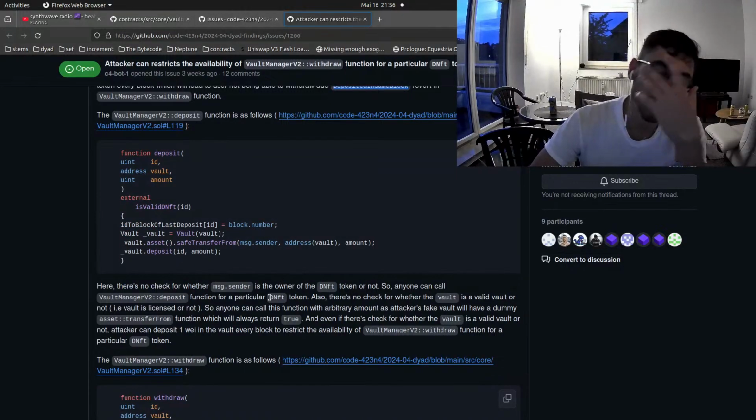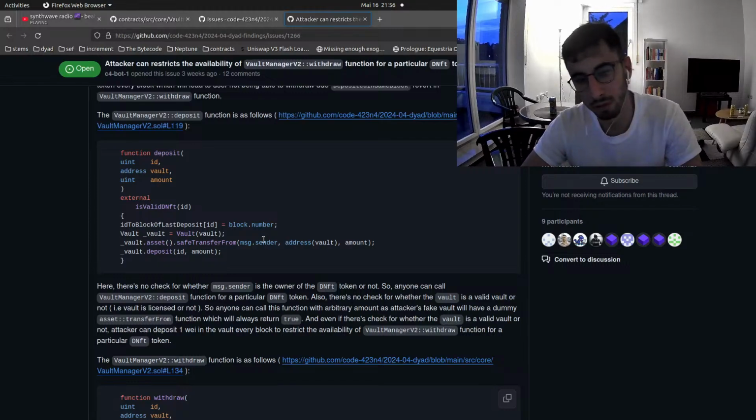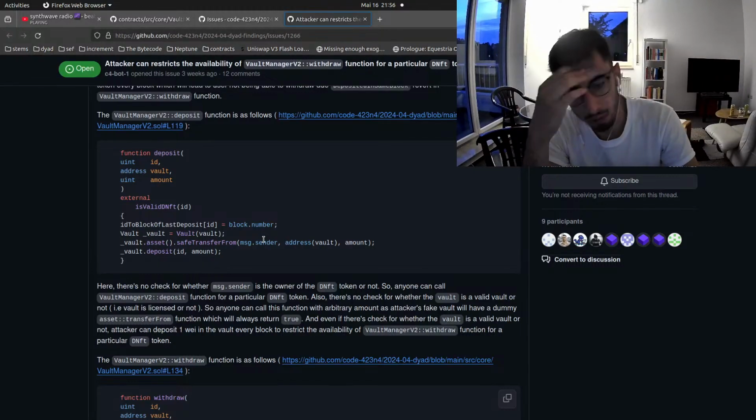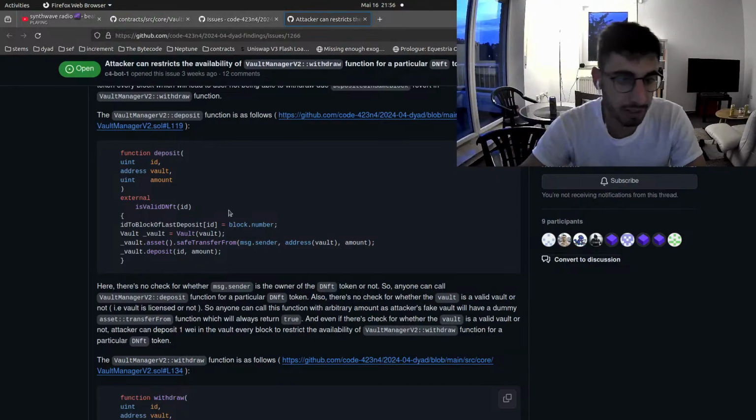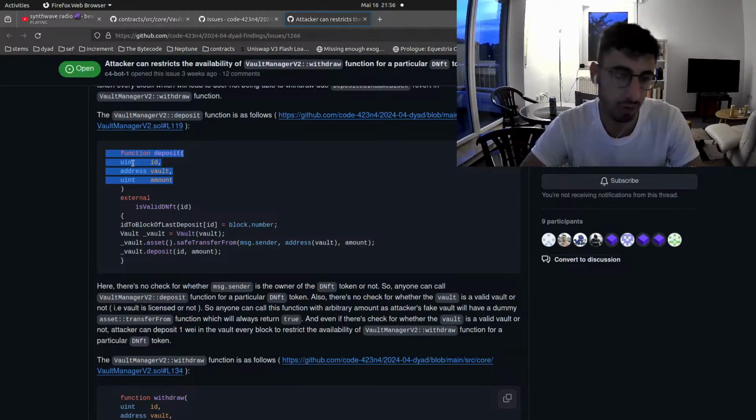So the issue here is we put in this ID to block a flash deposit thing to avoid flash loans. So you cannot deposit and withdraw inside the same block. But the thing is, it's only checking if it's a valid DNFT. Because the logic behind this is depositing collateral only increases your collateralization ratio.